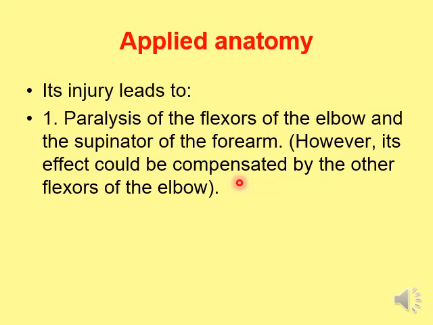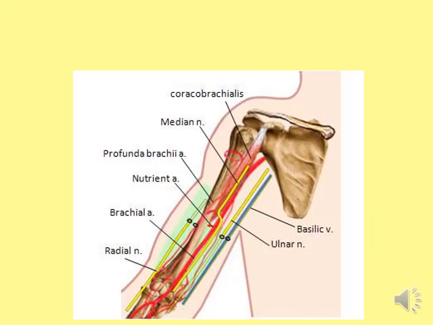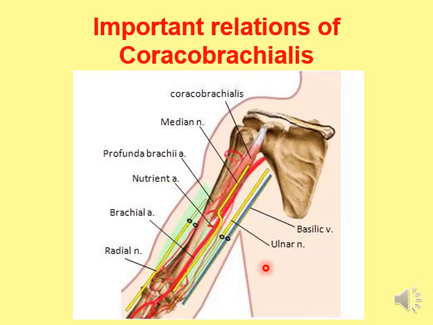So we have weakness in flexion of the elbow, not loss of flexion, and also weakness in supination, because there is another muscle which is spared, which is called the supinator muscle. Also, we have sensory loss in the lateral aspect of the forearm.